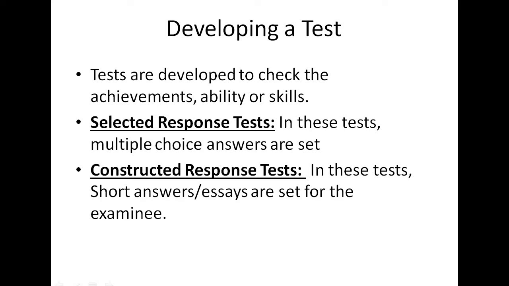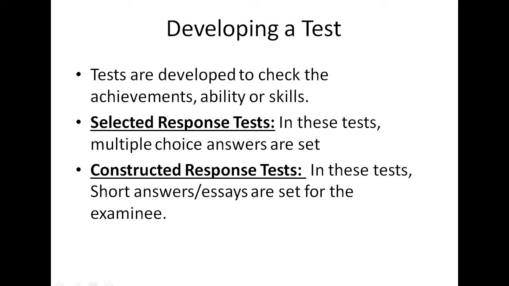Now again, there are certain types of tests. Normally we develop two kinds of tests. Selected response test. In these tests, multiple choice answers are set. So you ask questions and you set some choices before the people whom you are going to test, and they will have to pick or choose one of those answers. That is a selected response test.